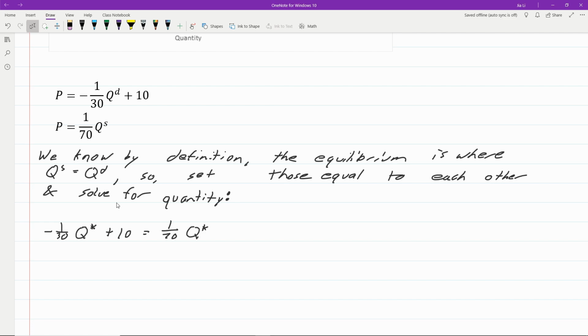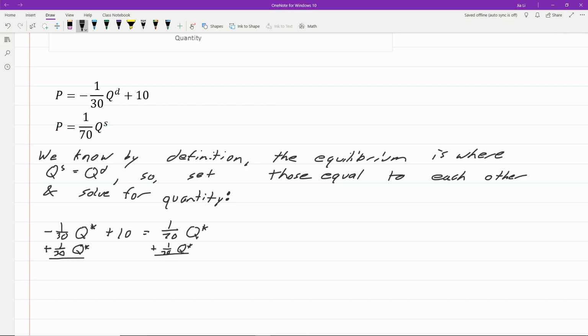So here I just need to do a bit of math to solve. Having a calculator here is fairly useful, but I already have it all worked out. So what I would do is add 1 over 30 Q star to both sides, because we're just trying to solve for the Q star, right?